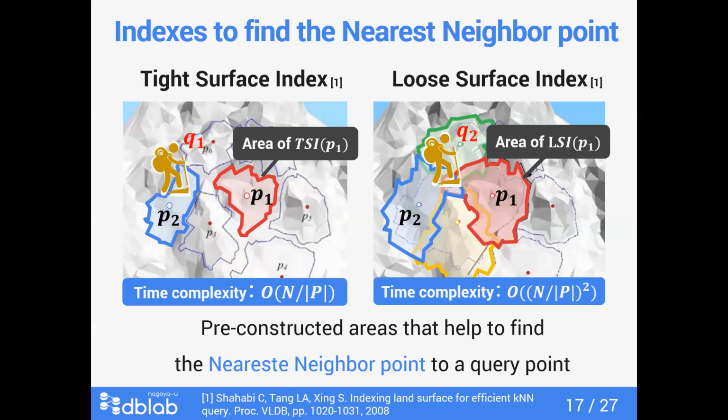It has the advantage of reducing the number of candidate data points for nearest neighbor points. By constructing these indexes in a database with given data points, we can identify the nearest neighbor points without heavy computation.